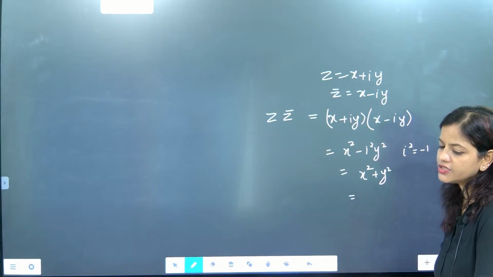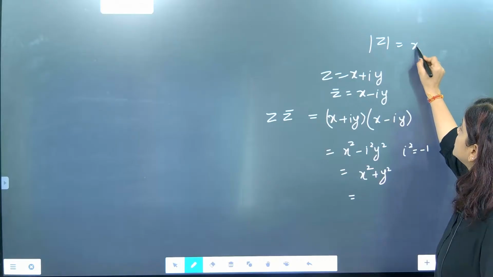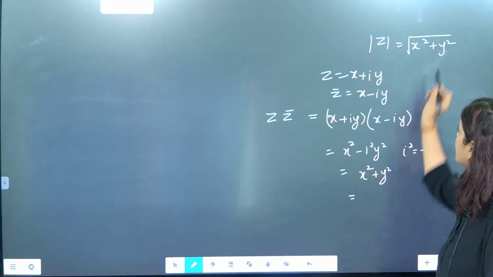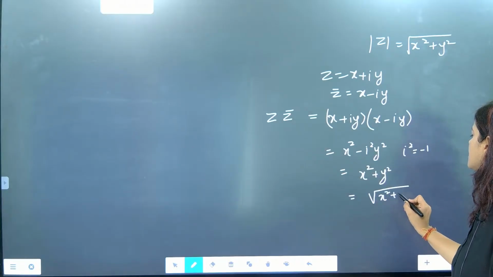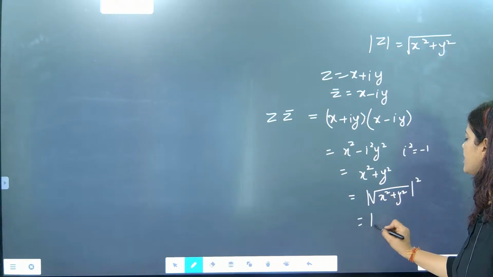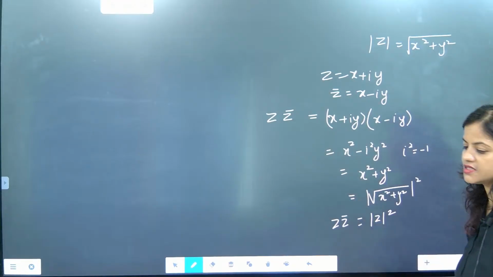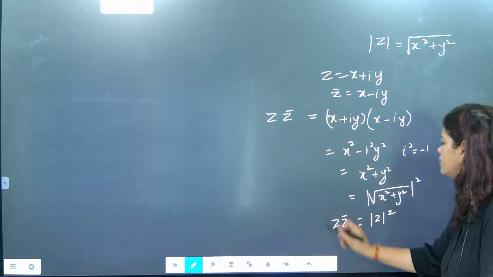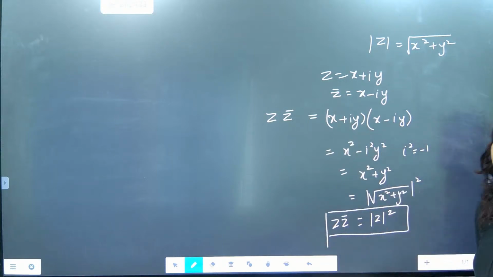And just now we understood that modulus of z is root under x square plus y square. So here we can draw one conclusion: we need a root, and we need a square outside. So this part will become modulus of z whole square. So z into z bar is equal to modulus of z whole square.